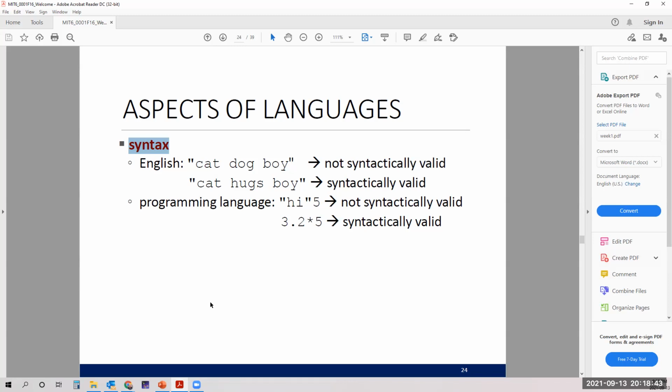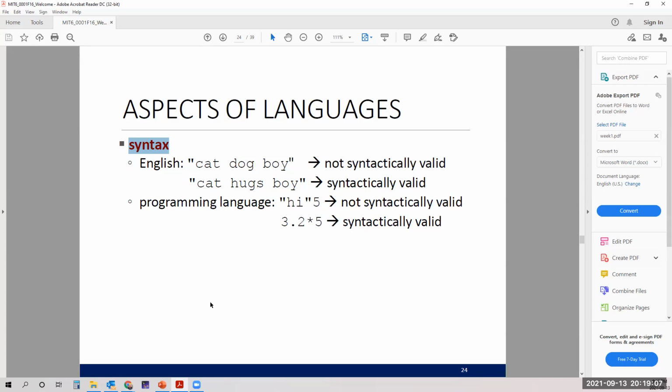No. But if we say cat hugs boy, grammatically it is correct, or syntactically. It is a correct sentence grammatically, but it doesn't have a meaning.